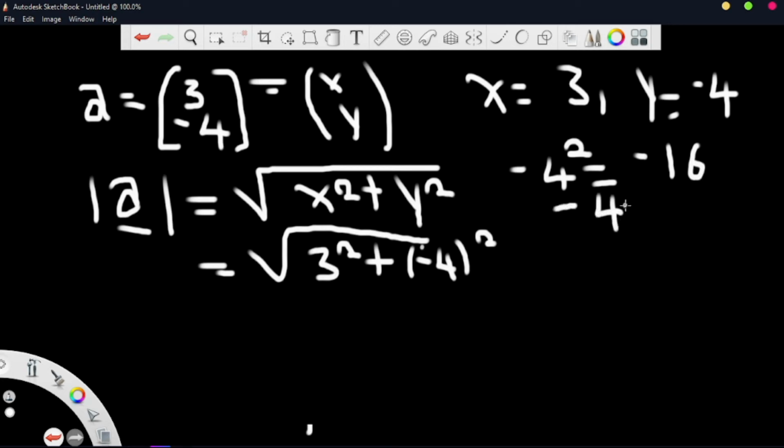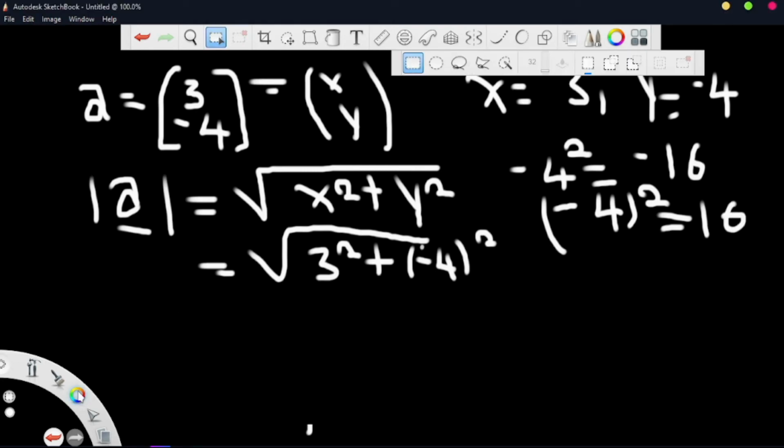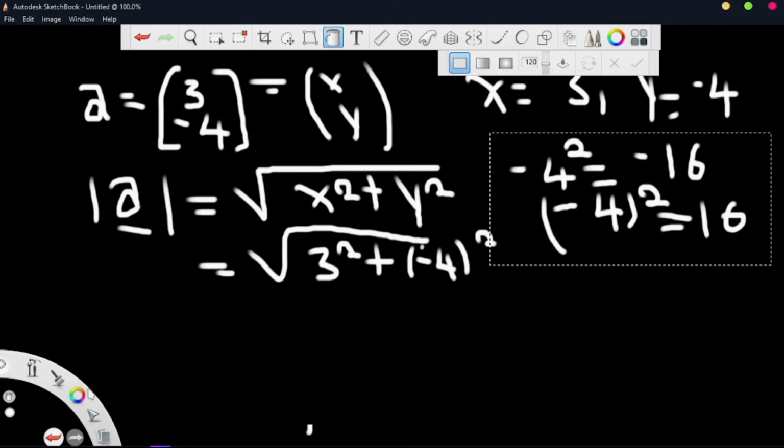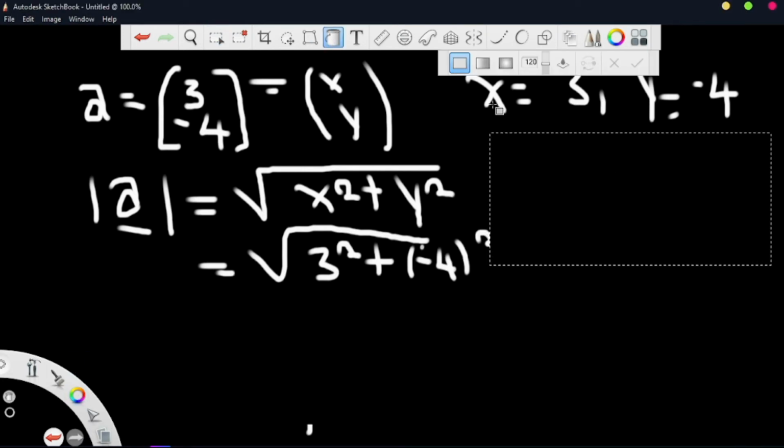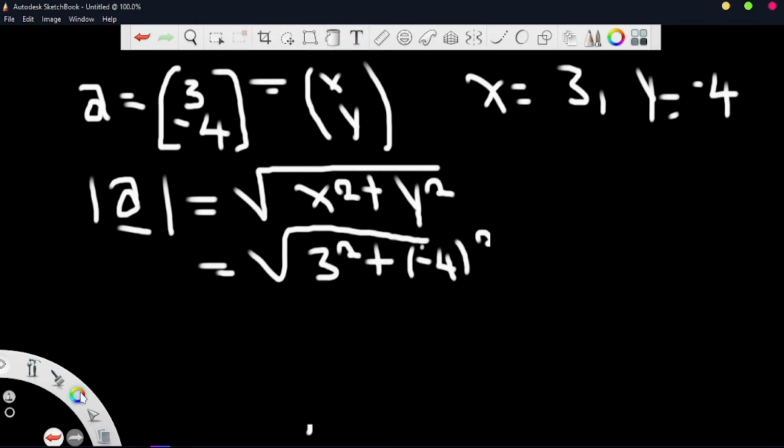Once you have it in brackets and you say squared, this is going to be 16. I even shared this in one of my videos. Remember, every time you're replacing, I suggest putting it in brackets so that you don't forget. Forgetting is the enemy.